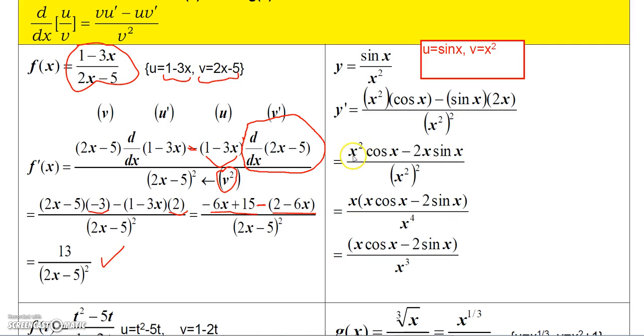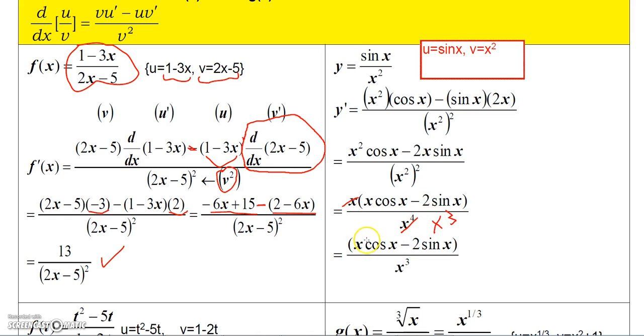And then I saw that I could factor an x out of these two terms, so I factored an x out of each term. And when I factored the x out, I got x times x cosine x minus 2 sine x. And then I can cancel this x. This x will cancel into x to the fourth and give me x cubed in the denominator.